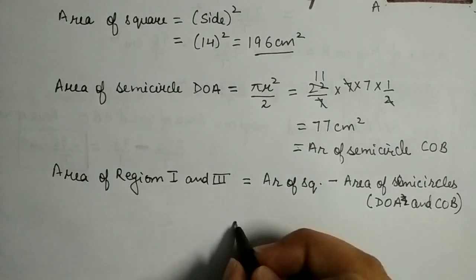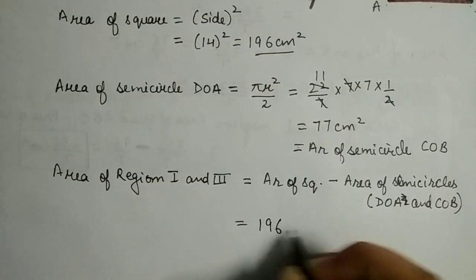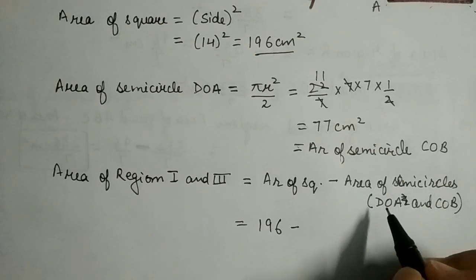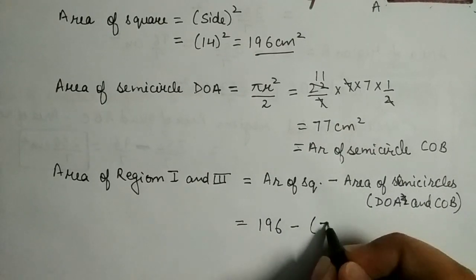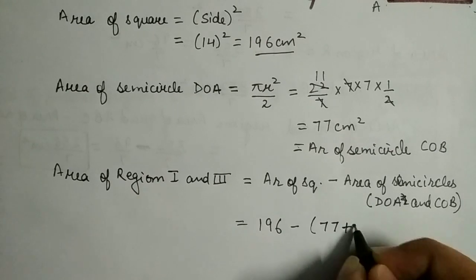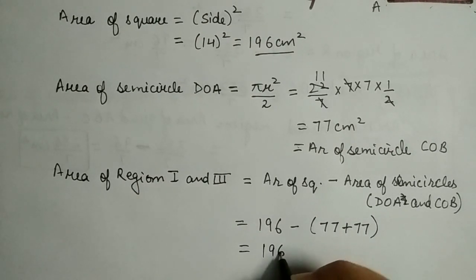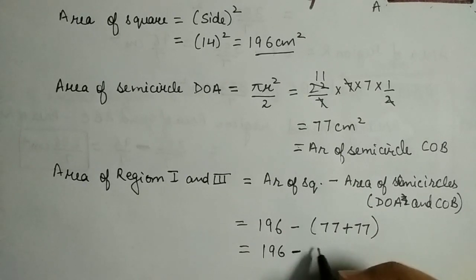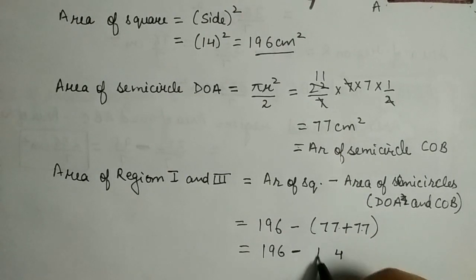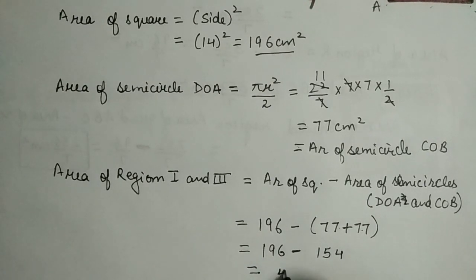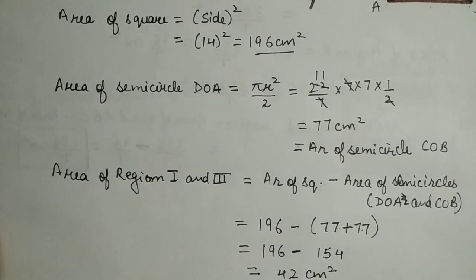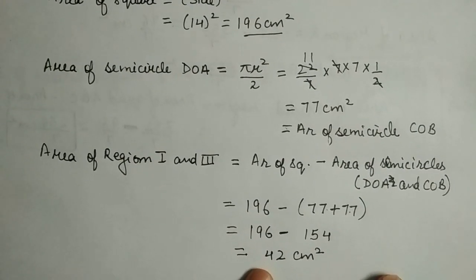So it is 196 minus the area of semicircles DOA and COB, which is 77 plus 77. So it is 196 minus 154, that is 42 cm square. So this is the area of regions 1 and 3.